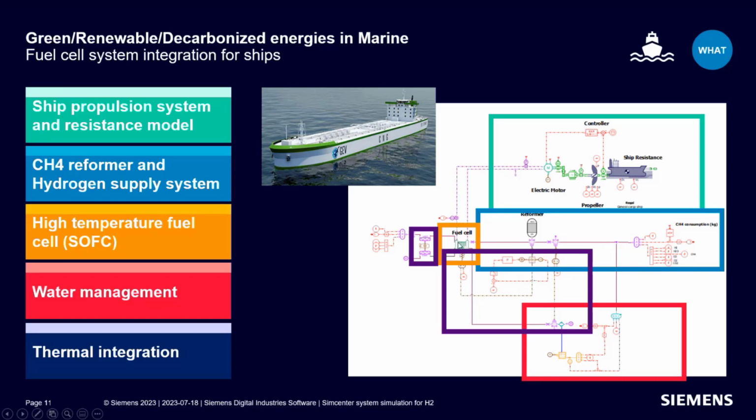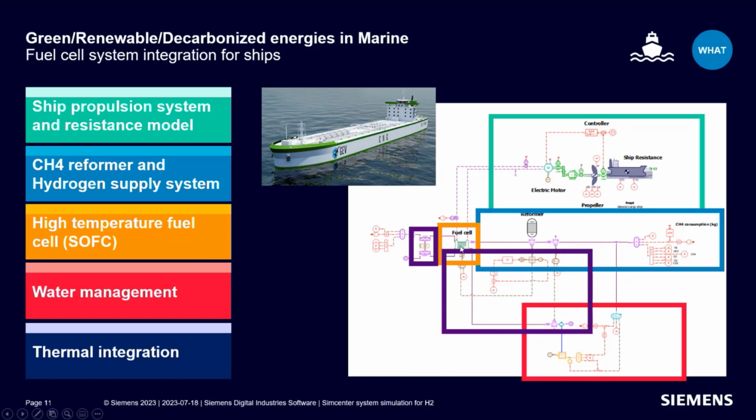So here the fuel cell is in fact supplied with some hydrogen that is extracted from methane using a reformer. So here we are simulating the reformer. What is interesting to know is that the reformer will consume some heat when the fuel cell is generating some heat.